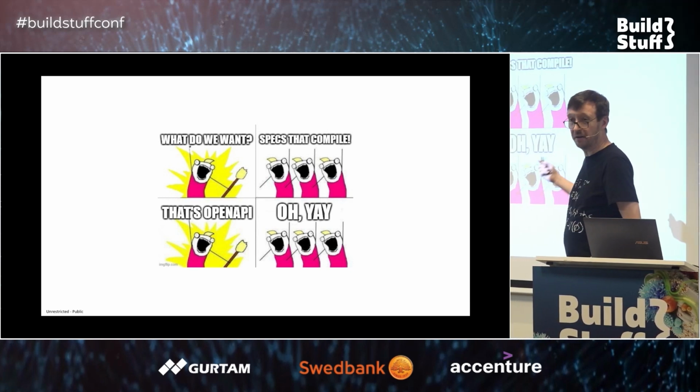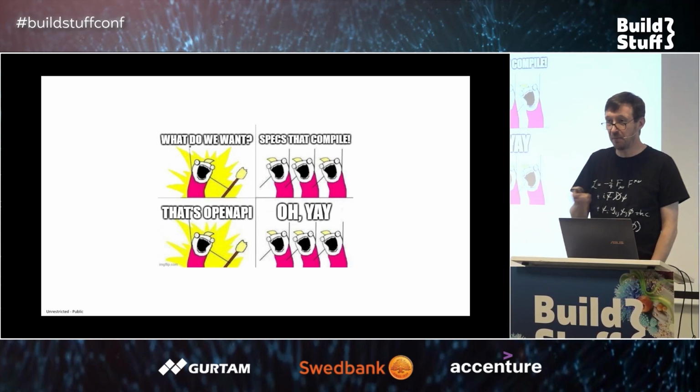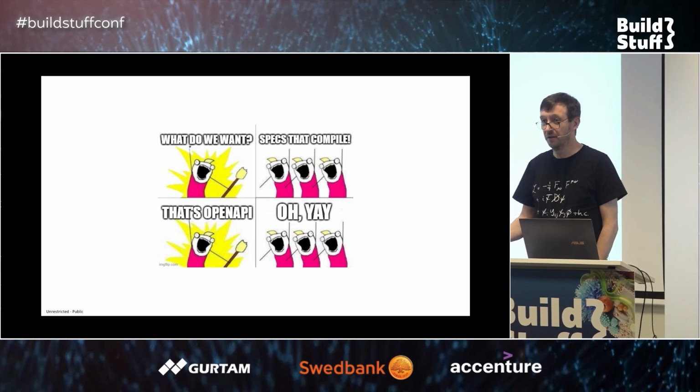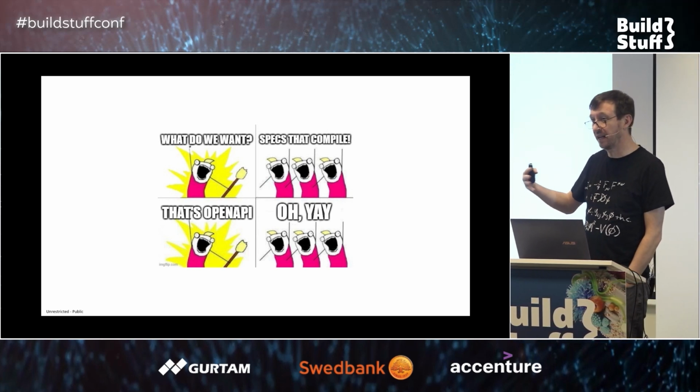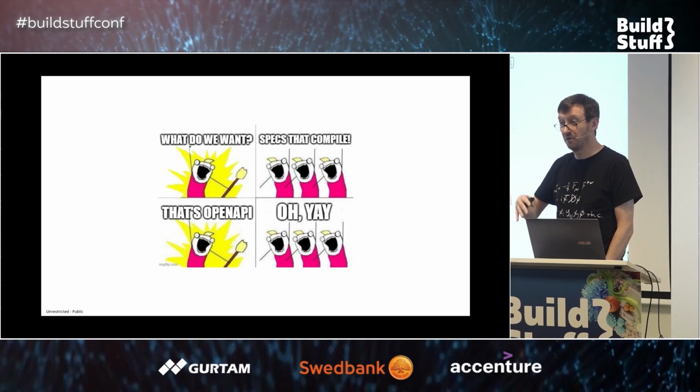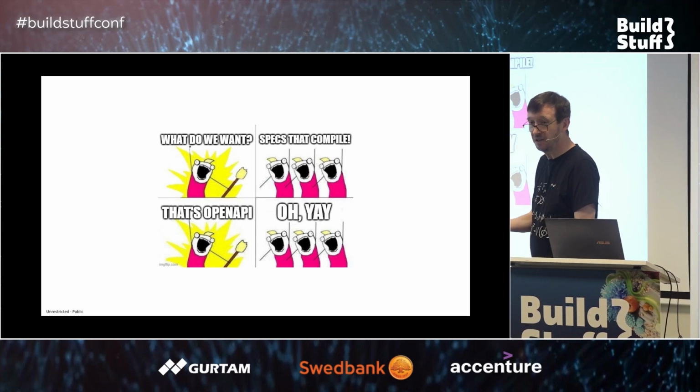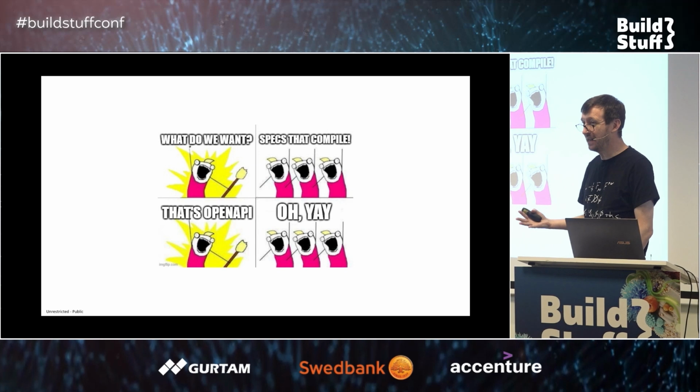But with OpenAPI, what you actually have is a spec that you can compile. You can run it through a compiler. You can generate a client. You can generate a skeleton application, and so you can validate that your specification is correct and makes sense.